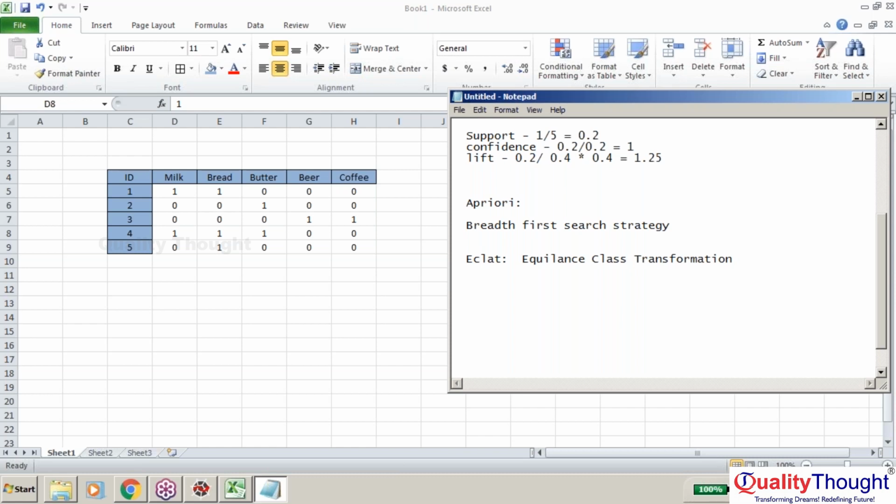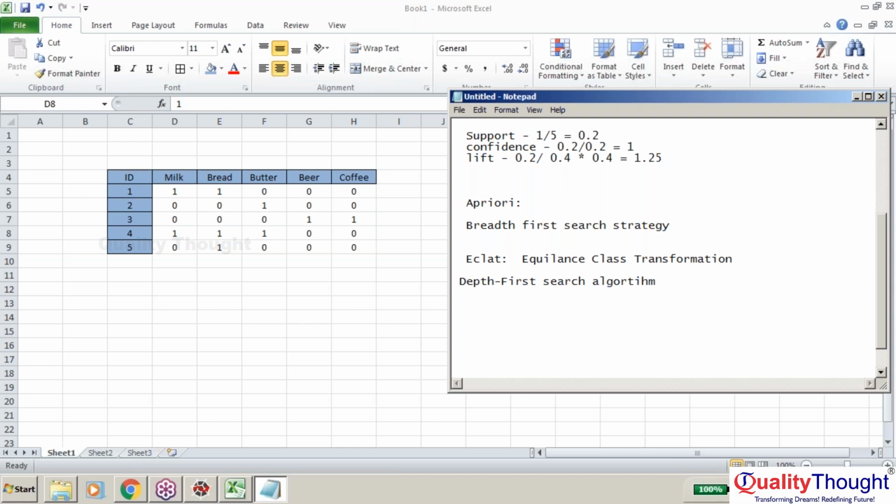Now this is a depth first search algorithm. This is suitable for parallel execution or enhancing the existing stuff and all kinds of things.